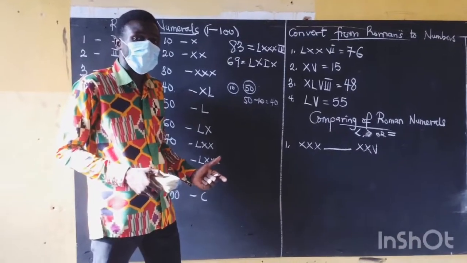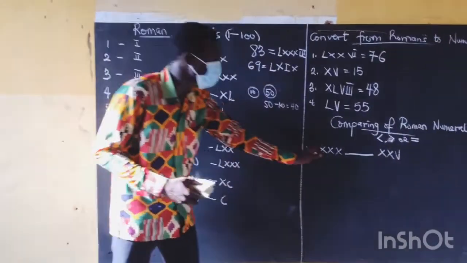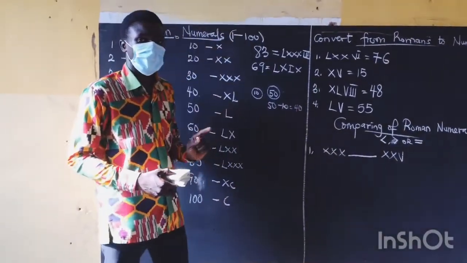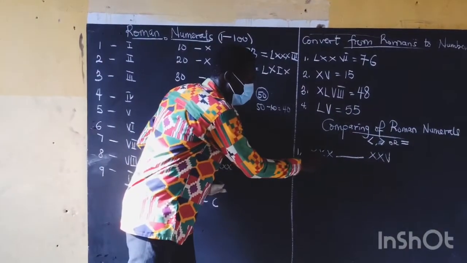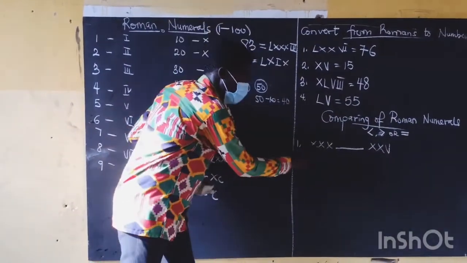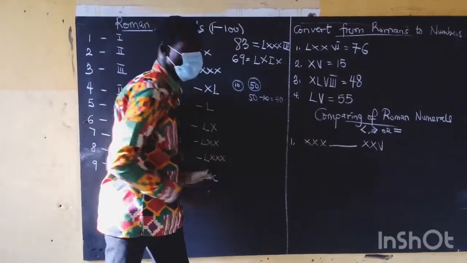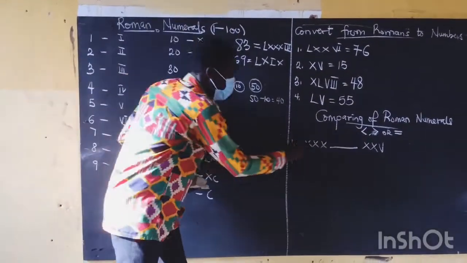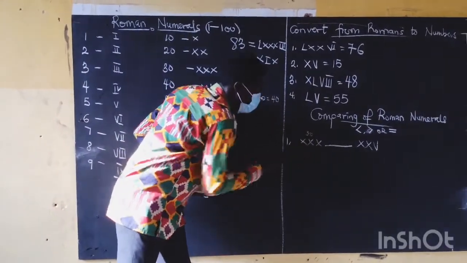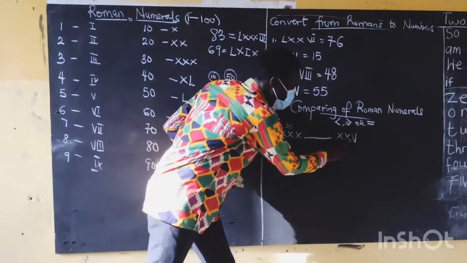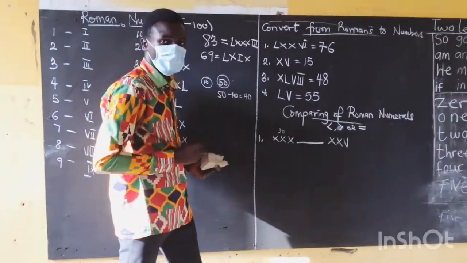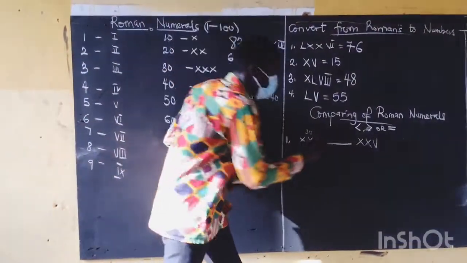The first thing that you have to do is to convert the Roman numerals into numbers. X, X, X. This is 10, this is 10, this is 10. 10 plus 10 plus 10 gives me 30. Then this is XXV. The X are 2, so 20 plus 5.